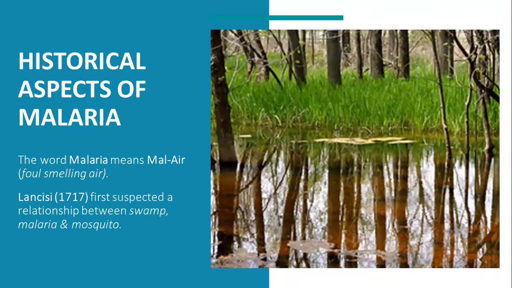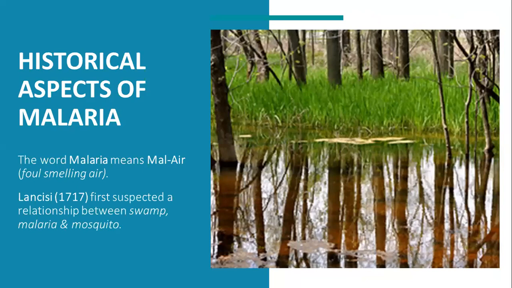Historical aspects of malaria. The word malaria simply means mal air, meaning foul smelling air. Lancisi in 1770 first suspected there should be some relationship between standing water, swamps, malaria, and mosquitoes.